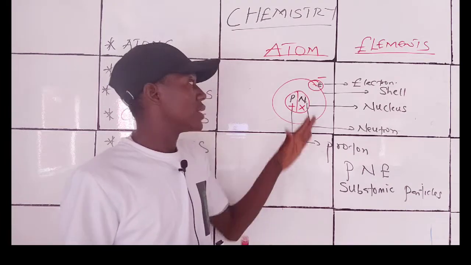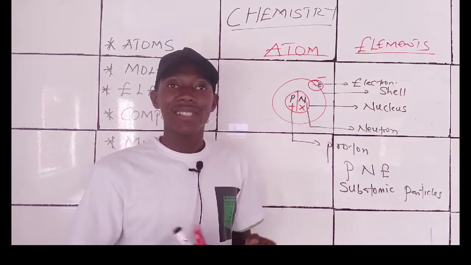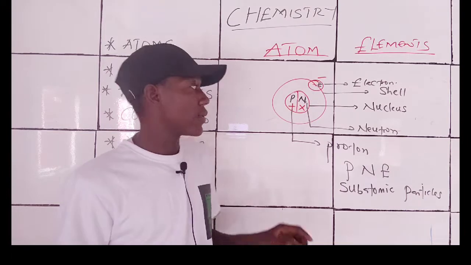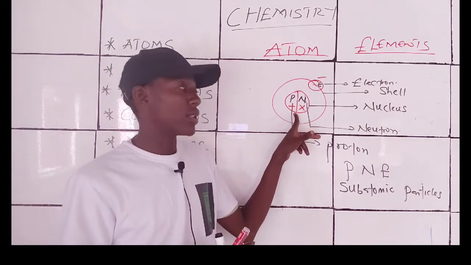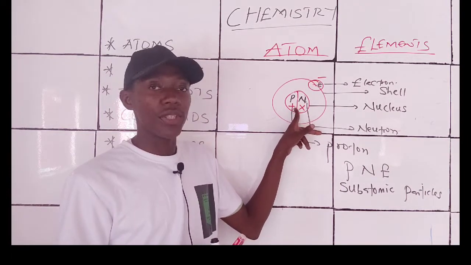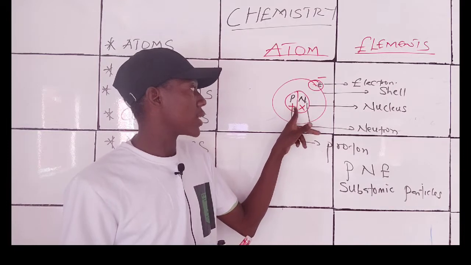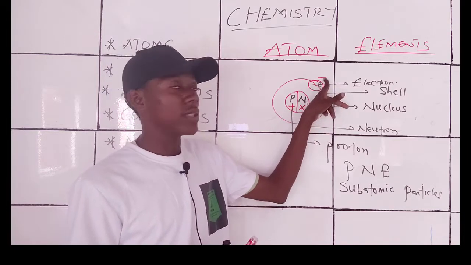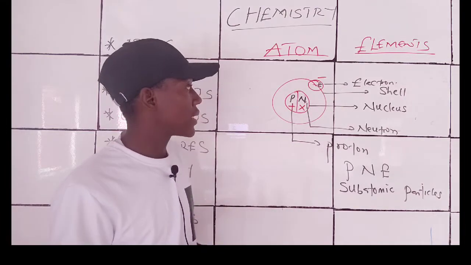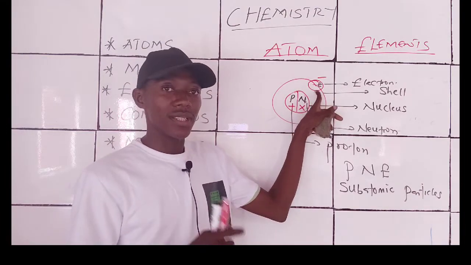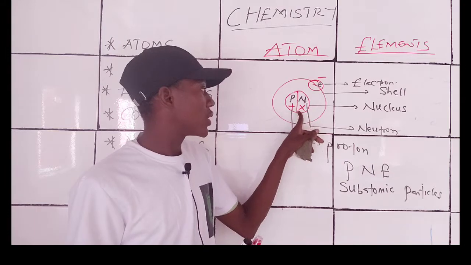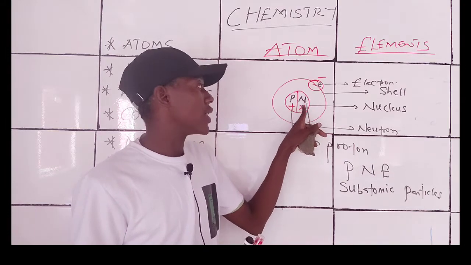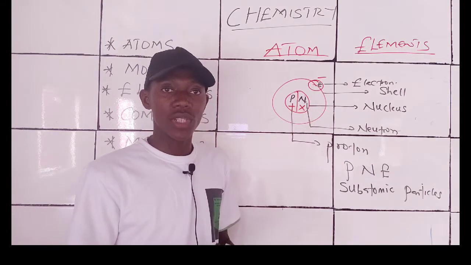Now these particles carry charges with them. If you look at the diagram, I drew a plus on the P, on the N it is neutral, and on the E it is negative. This is telling us that the electron is negatively charged, the proton is positively charged, and the neutron has no charge.